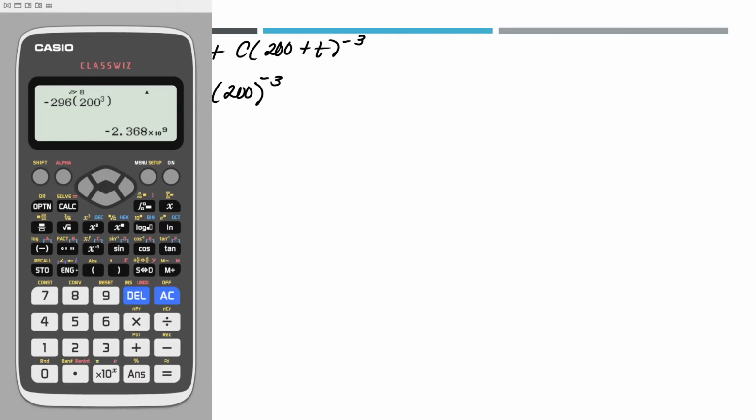So we have C is equal to negative 2.368 times 10 raised to positive 9. Ayan.